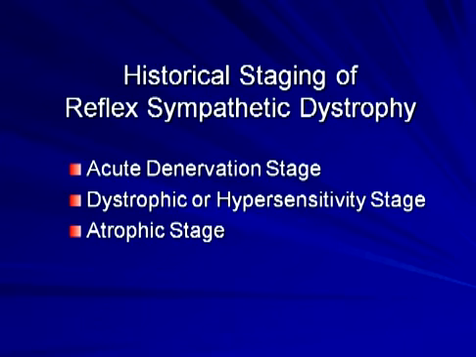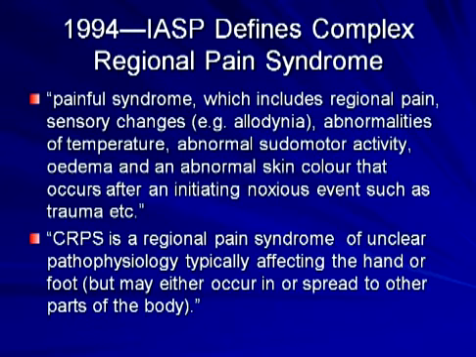Okay, so in 1994, the definition of complex regional pain syndrome was introduced. It was described as a painful syndrome: regional pain, sensory changes, for example allodynia, abnormalities of temperature, pseudomotor activity, swelling, and skin color that occur after a noxious event such as trauma.